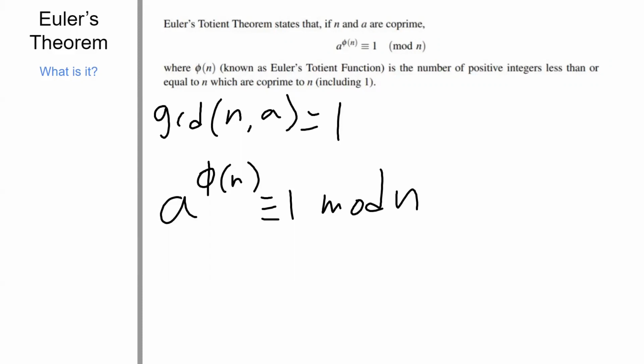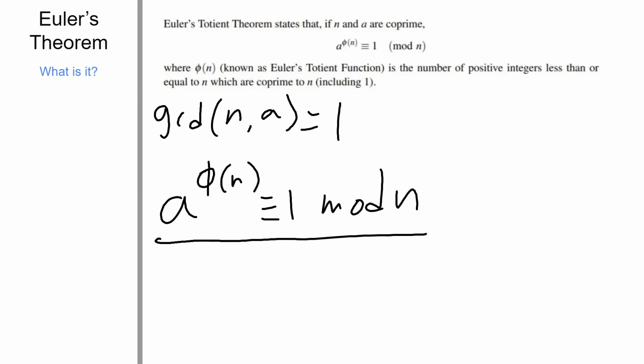So does everybody basically understand what this theorem is saying? So that means that when you take the number a, and this works for any a that is relatively prime to n, so there's technically an infinite number of a that could work.